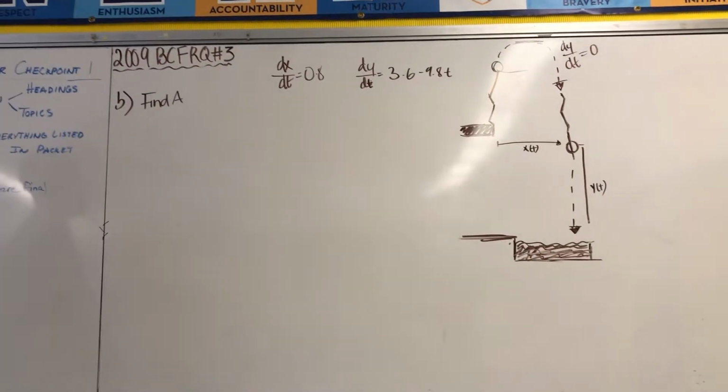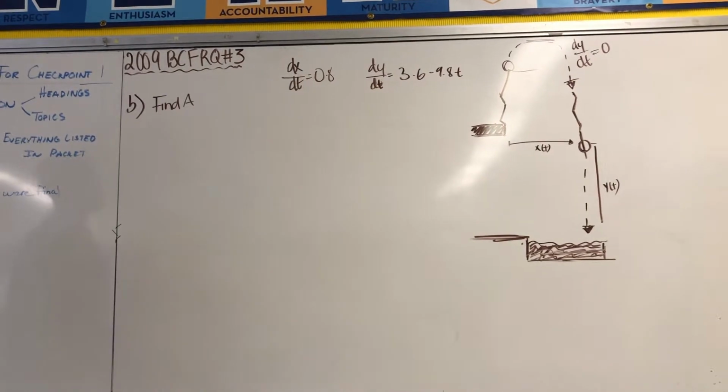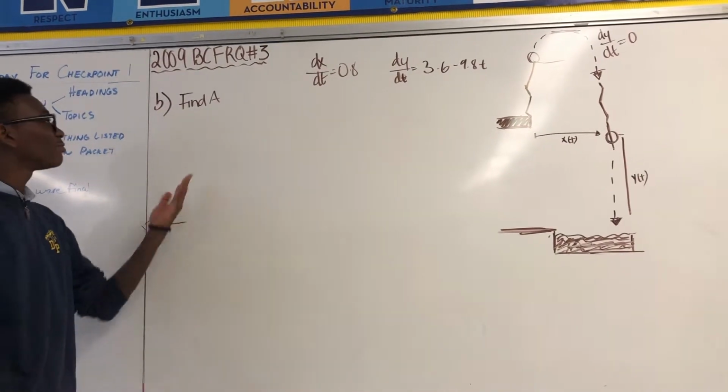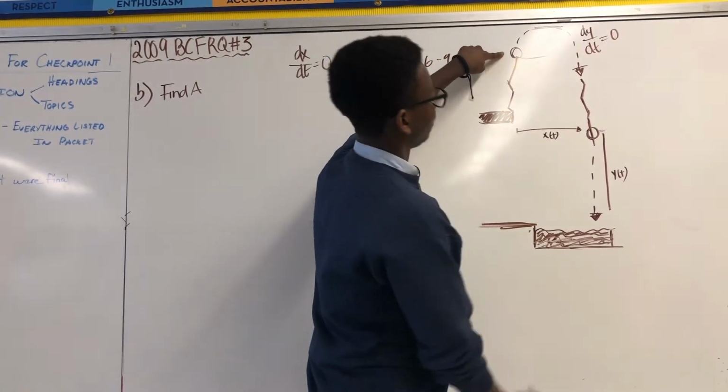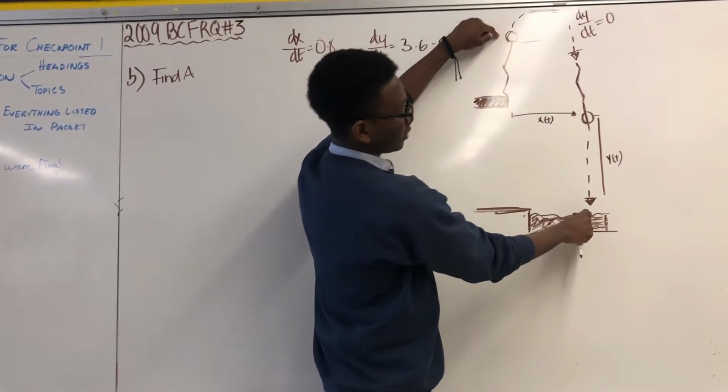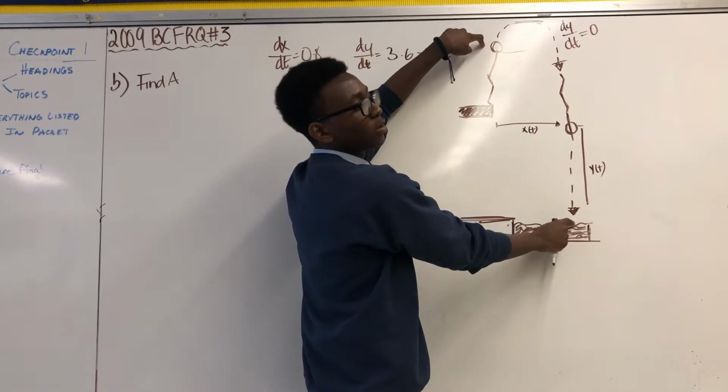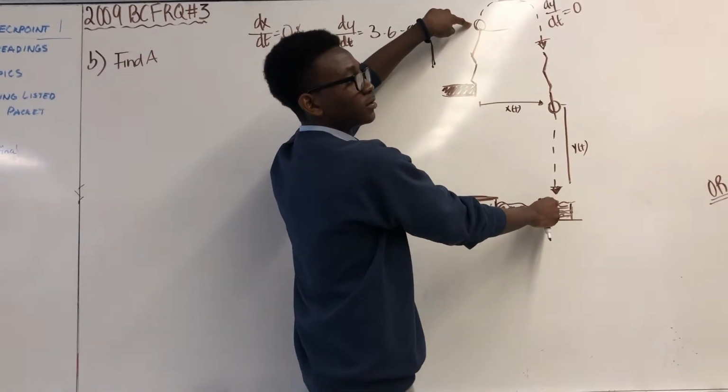Part B asks to find A, which is the time that the diver's shoulders enter the water. The way you find this is by finding the time it takes from the starting point to the ending point.